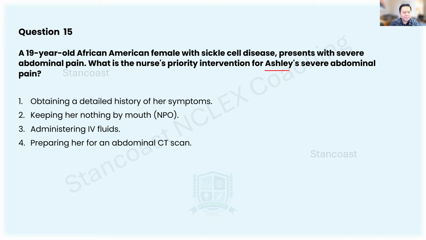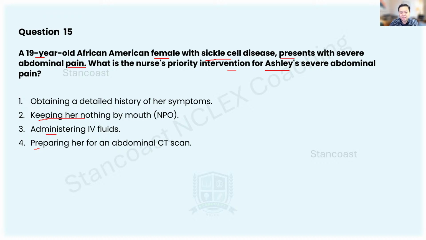Let's take a look. A 19-year-old African-American female with sickle cell disease presents with severe abdominal pain. What is the nurse's priority intervention for the patient's severe abdominal pain? Is it obtaining a detailed history of her symptoms, 2, keeping her NPO, 3, administering IV fluids, or 4, preparing her for an abdominal CT scan?